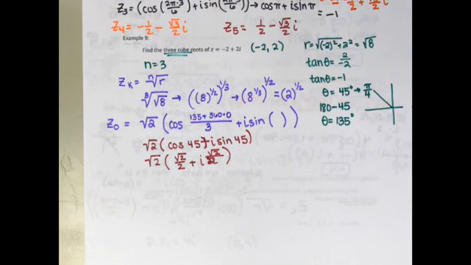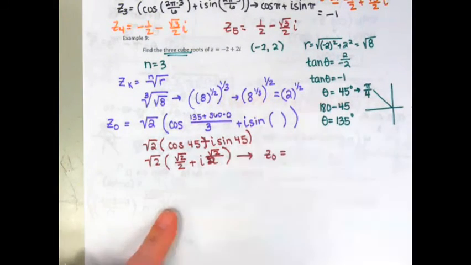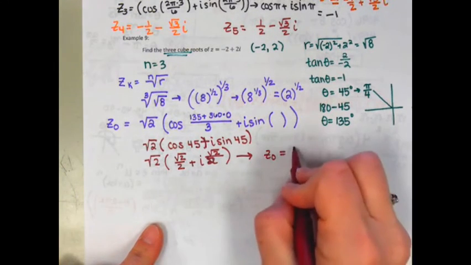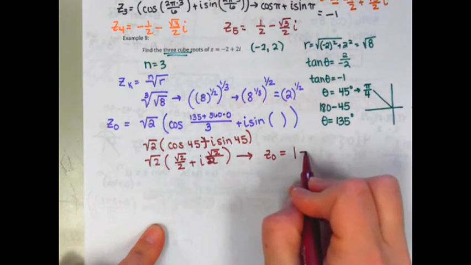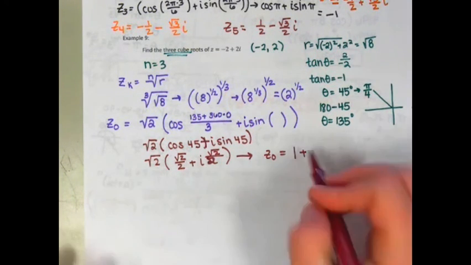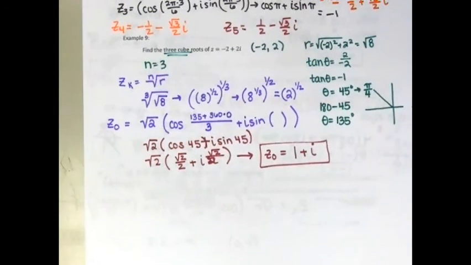Yes. Now, what's radical 2 times radical 2 over 2? What's radical 2 times radical 2? 2. 2 divided by 2 is 1, plus, and radical 2 times I radical 2 over 2 is just I. So z to the 0th is just 1 plus I.